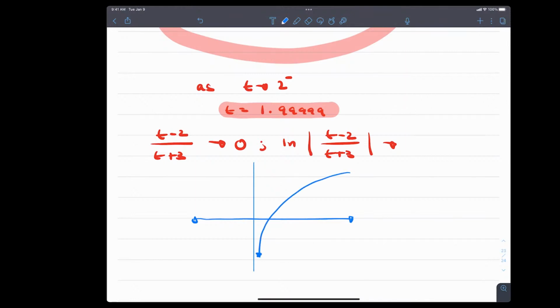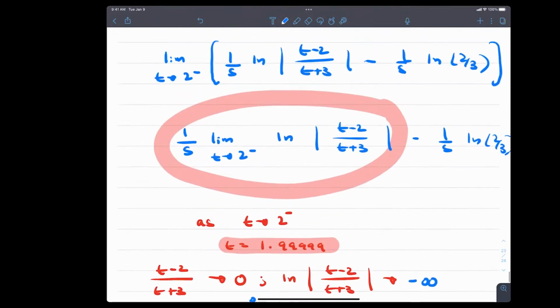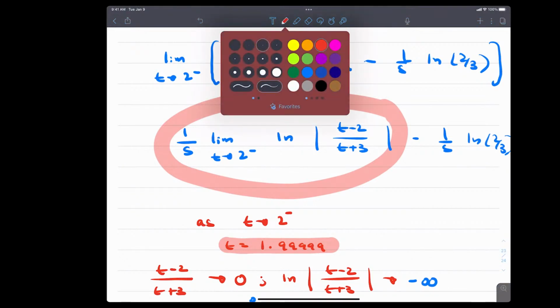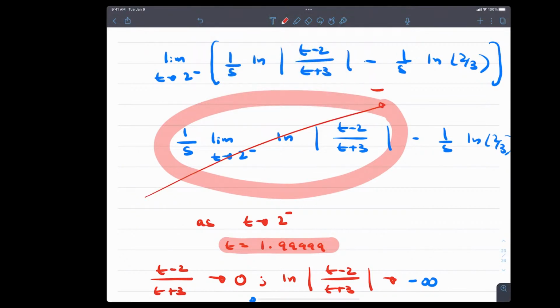This is going to negative infinity. We're not going to 1. If you were going to 1, it'd be 0, because this particular point is (1, 0). We're going to 0, so this portion goes to minus infinity. What's minus infinity minus a constant? It's negative infinity. Good job.